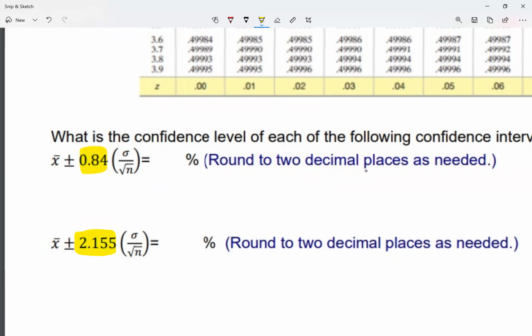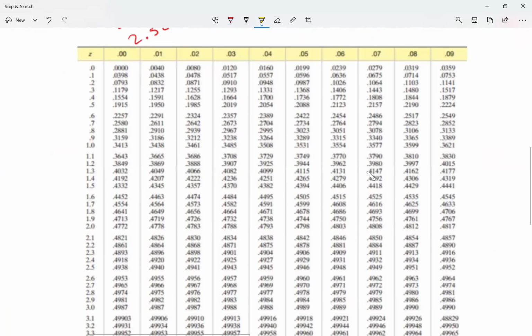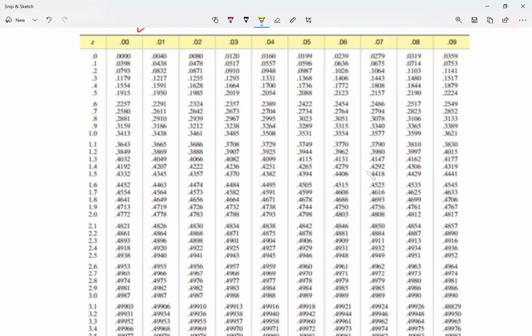So in my case, it's this number, 0.84. Based on this, what is my percentage? What is my probability? Use the C-score table. So 0.84. Here's 0.8.